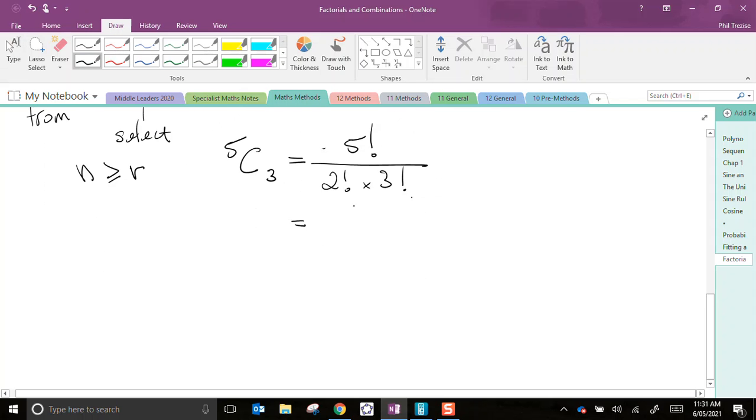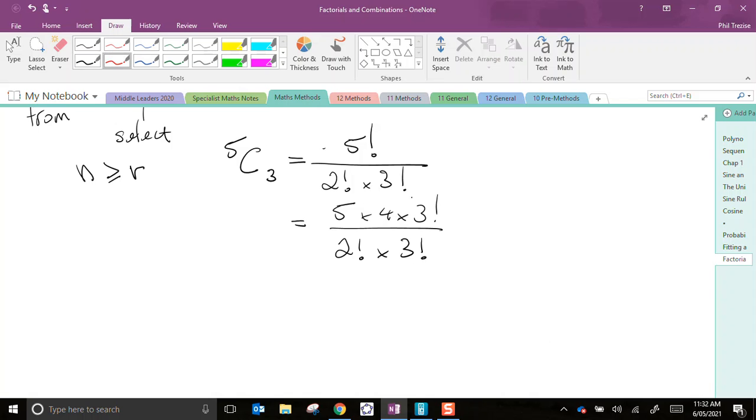No, we don't. I'll leave the denominator as 2 factorial by 3 factorial, but the numerator I will change. Now, I have 5 factorial but I don't have a 4 factorial to cancel with, do I? So what if I make the 4 factorial into 4 times 3 factorial? Hooray! Now I can cancel the 3 factorial.